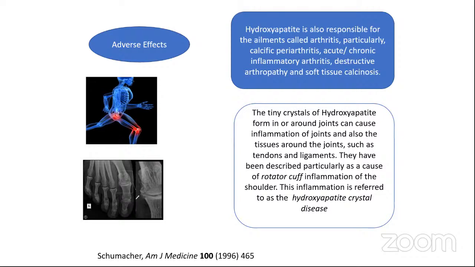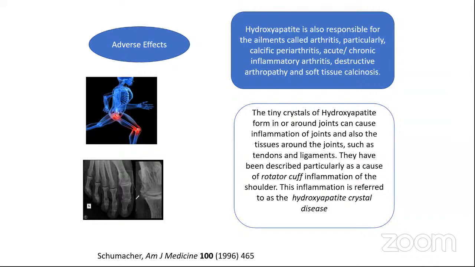In the left-hand side picture, the joints are getting painful, shown with red highlights. Again, it shows the X-ray of the knee joints, as well as the palm joints and fingers, getting swollen. The tiny crystals of hydroxyapatite formed in or around joints can cause inflammation of the joints and also the tissue around the joints, such as tendons or ligaments. They have been described particularly as a cause of rotator cuff inflammation of the shoulder.